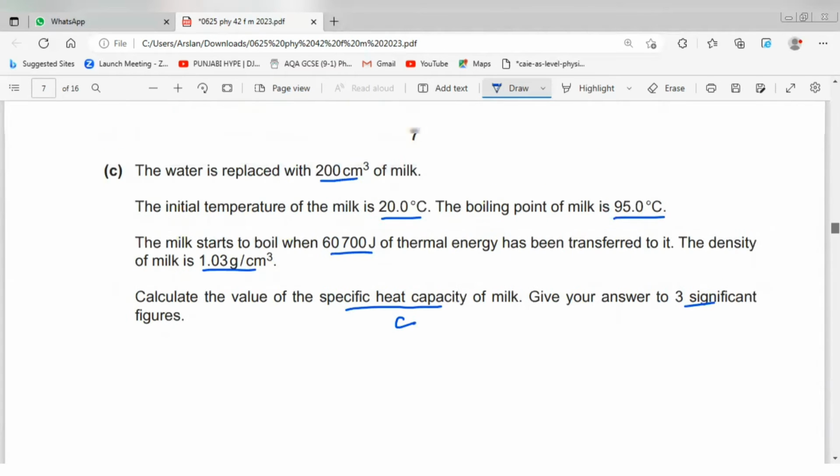So let's start our calculation. First of all, you need these quantities: volume of the liquid milk, and temperature difference. Here is the energy Q, and here is the density. So we know that C is equal to Q divided by M multiplied by change in temperature.